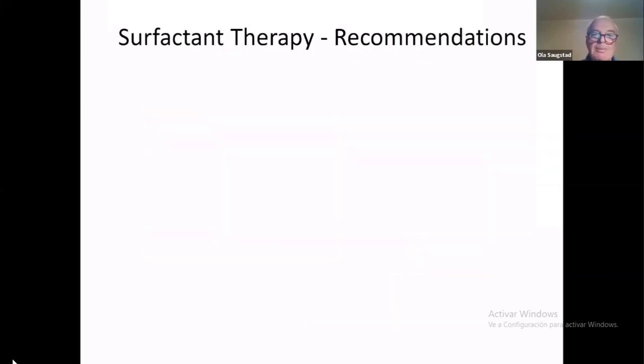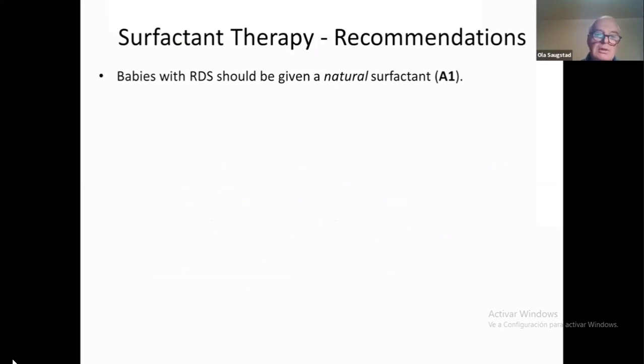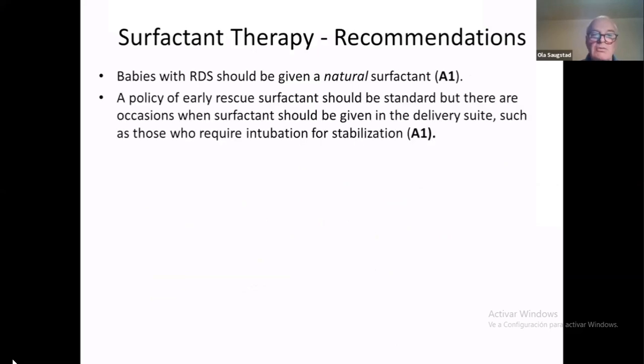So our recommendations for surfactants are the following. Babies with RDS should be given a natural surfactant. A policy of early rescue surfactant should be standard, but there are occasions when surfactant should be given in the delivery suite, such as those who require intubation for stabilization.